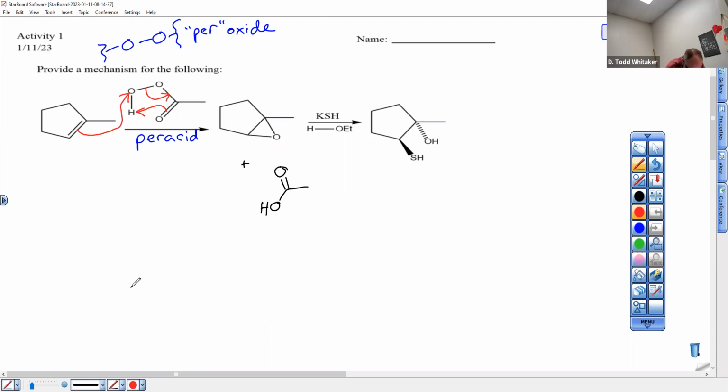I'm going to go pink. Which carbon do we come back to? More substituted. Yeah. That says the O makes a bond to the more substituted carbon. It does not say the H makes a bond to the more substituted carbon. Verify that.